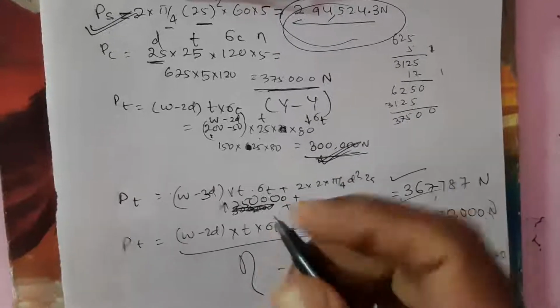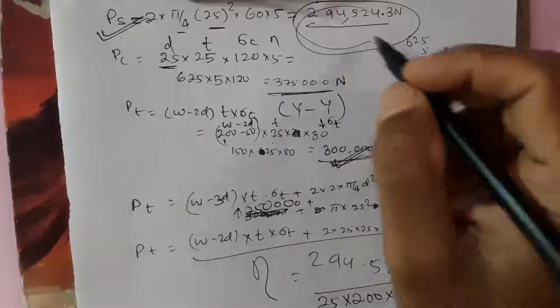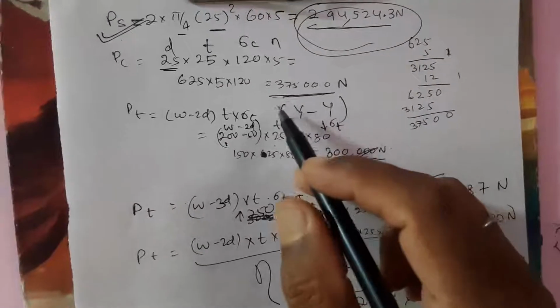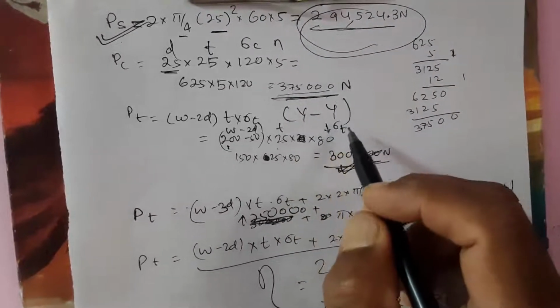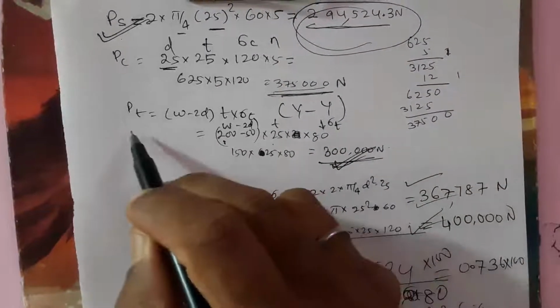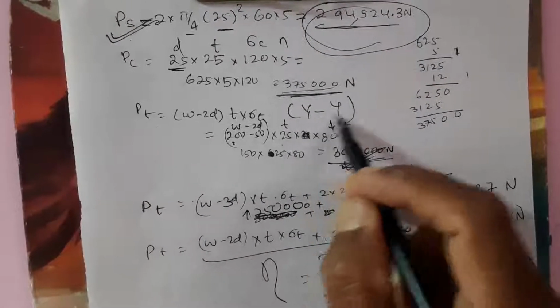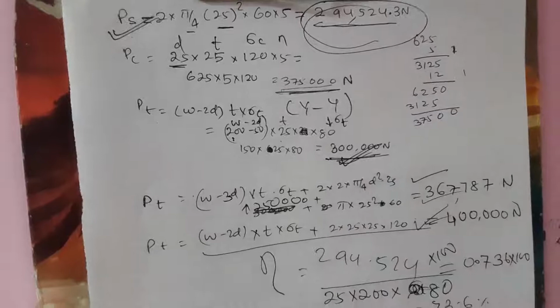So that will be the efficiency of the plate. Out of all these things, we found the shearing resistance to be 294 kilonewton, the crushing resistance is 375 kilonewton, and the tearing resistance at the YY location is 300 kilonewton.